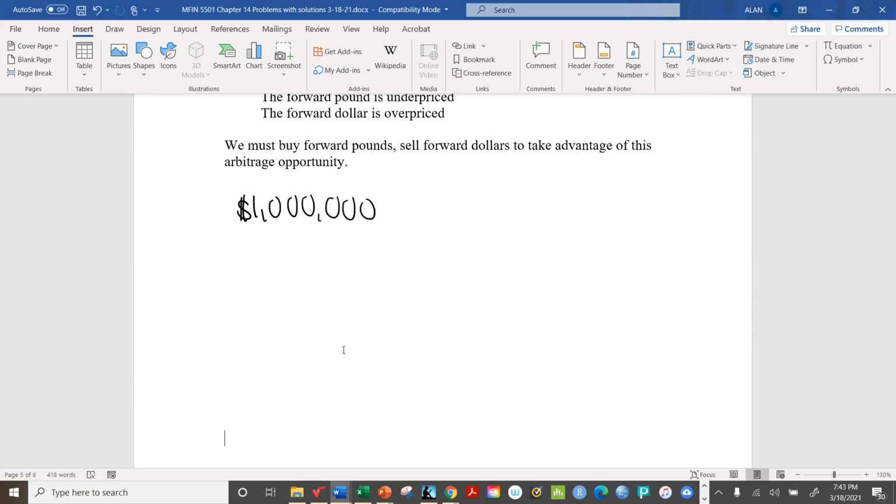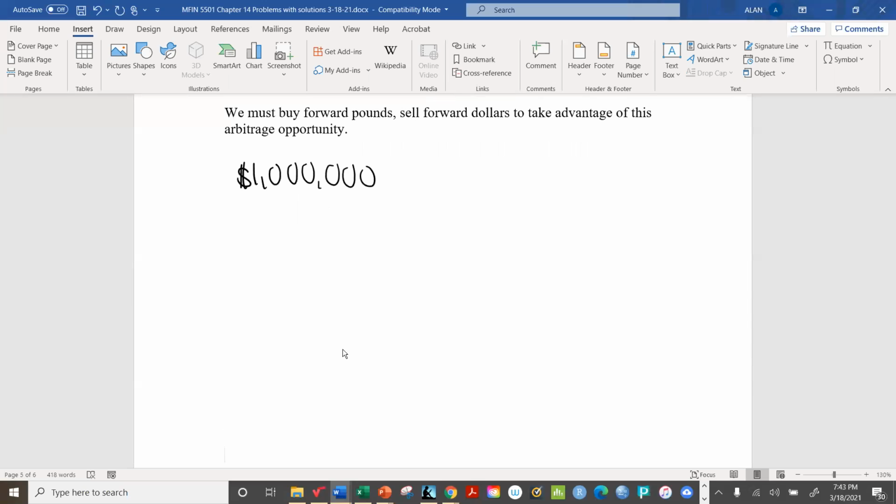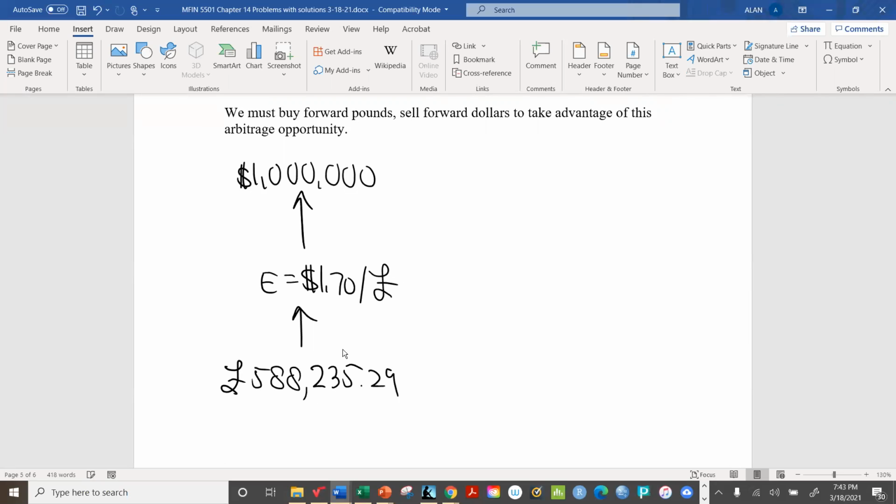Well, we're going to start in the bottom left-hand corner. We're going to acquire or borrow $1 million worth of pounds. So you notice this amount right here is the same as it was in the previous example. Because if I multiply that now by the spot exchange rate of $1.70, I'll end up with exactly 1 million pounds.